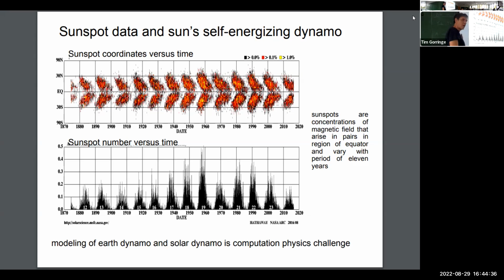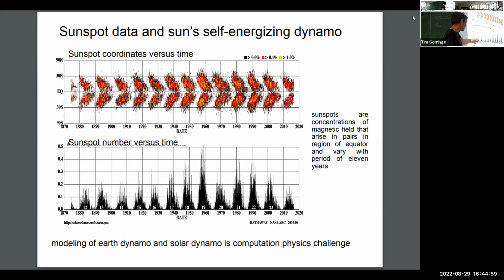The cycles start back in like 1750 something. That was the first cycle where there was an agreed upon way of counting sunspots. It's quite difficult to come up with a reasonable way to count sunspots. Anyway, we've got 24 cycles from when the data started here.